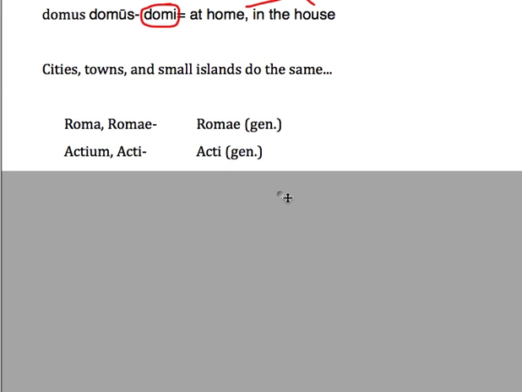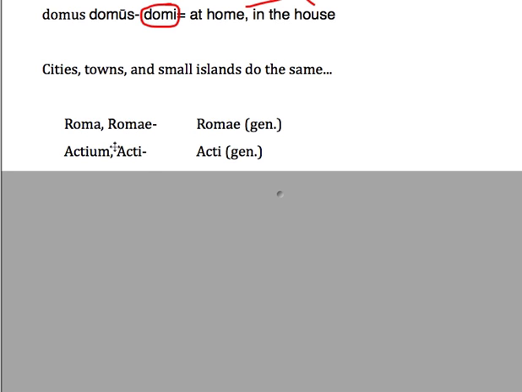If you were looking at a place name that followed either first declension singular pattern, like Roma, Romae, or second declension singular, like Actium, Actii, this is a first declension ending singular form, and this is a second declension ending singular form.